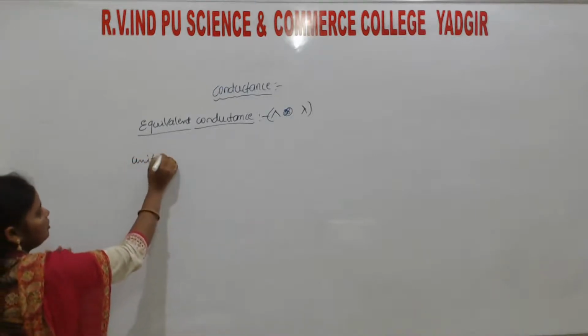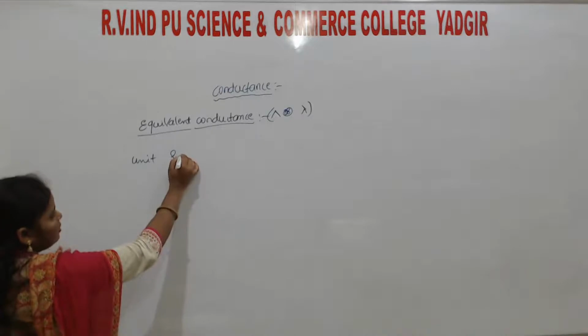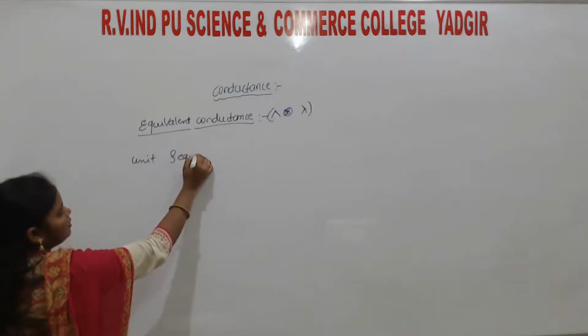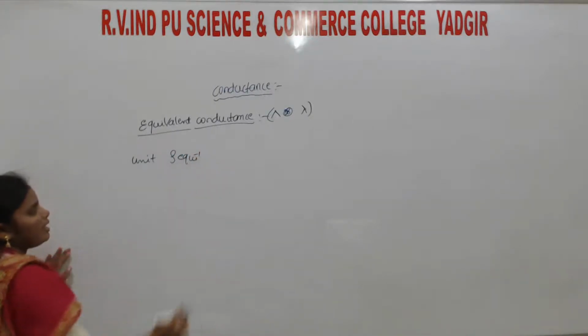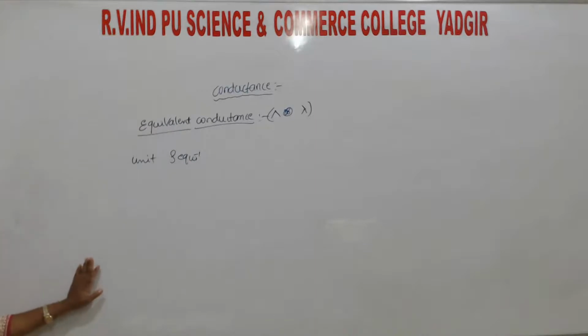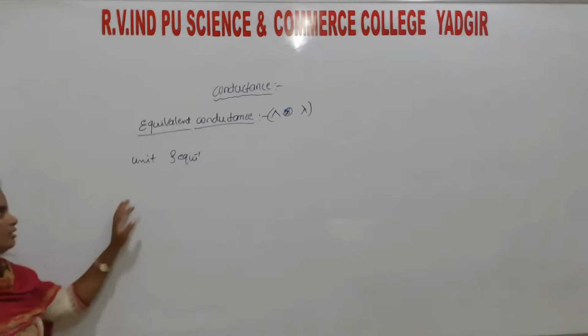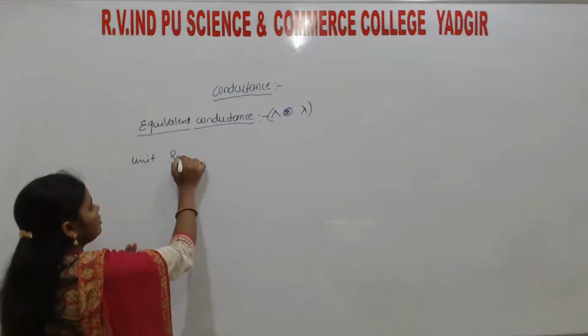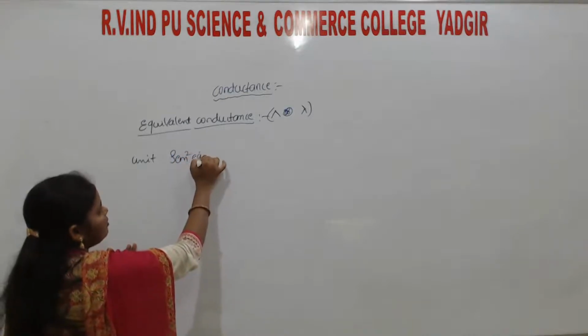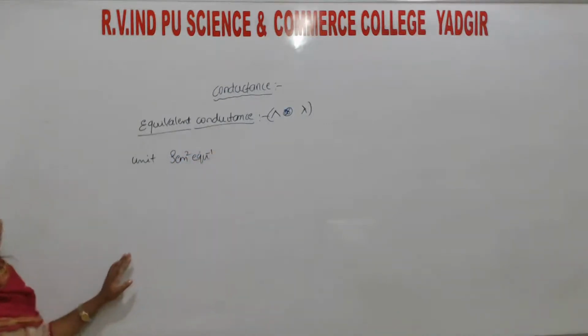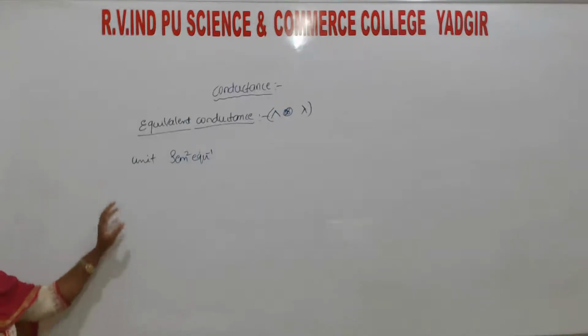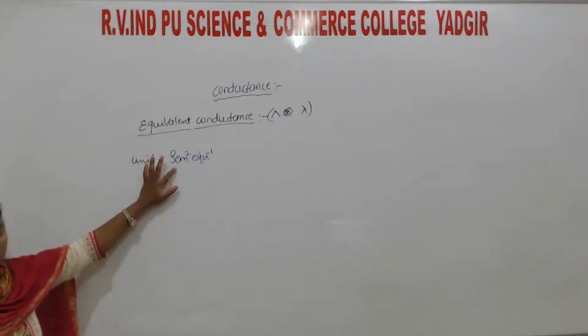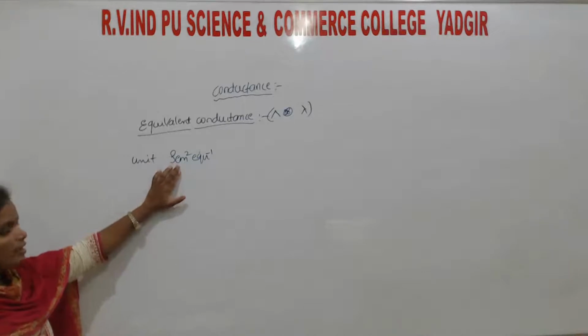Unit: Siemens per equivalent, or in assignment Siemens square per equivalent. So here the Siemens square I will write as E, Siemens square per equivalent. Here this is in SI unit. The SI unit is Siemens square, or you write SM.